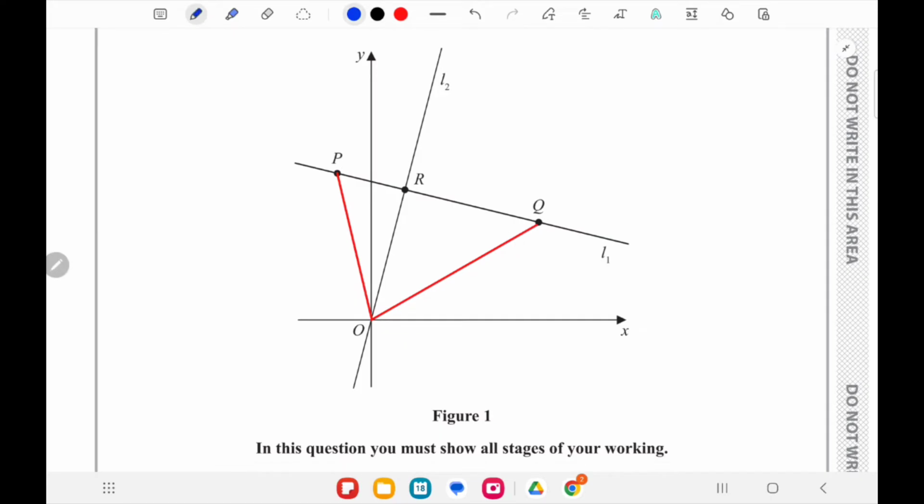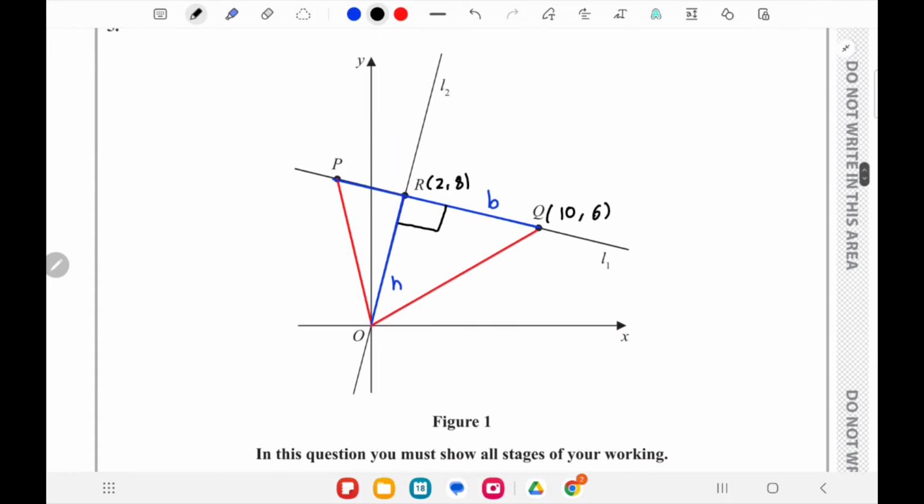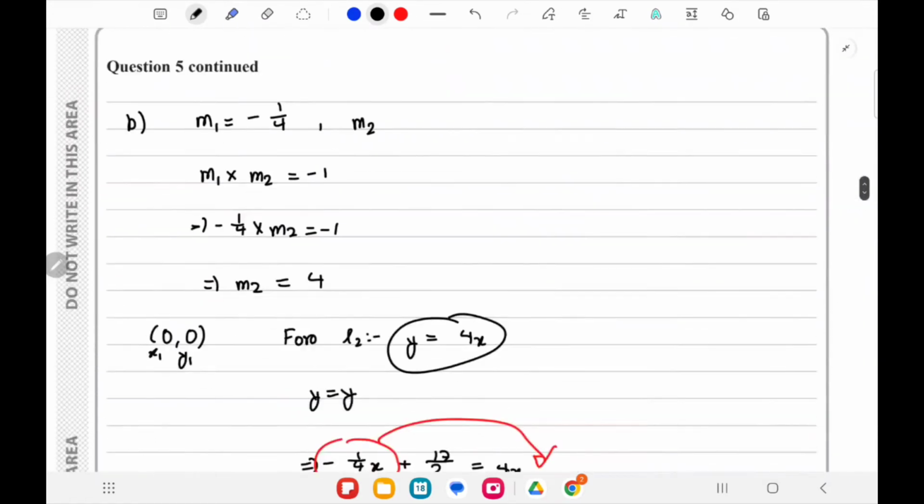Okay, so for this triangle, if we consider this to be the base, and this line is perpendicular because L1 and L2 are perpendicular, so this is a 90 degree angle. Then if we consider this to be the base, this will be the height. So we know that R is 2, 8, Q is 10, 6, and P is minus 2, 9, and this is 0, 0. So the height will be OR.